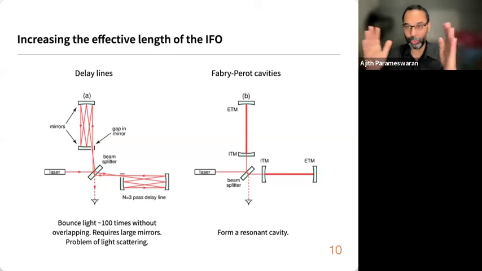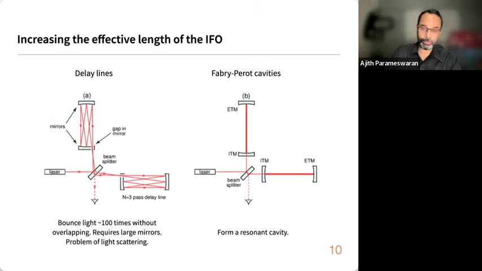You tune the length of these mirrors such that the light is resonantly amplified, and you create a resonant cavity in which the light is circulated for a long time. This way you can increase the effective length by order 100 times or even larger.